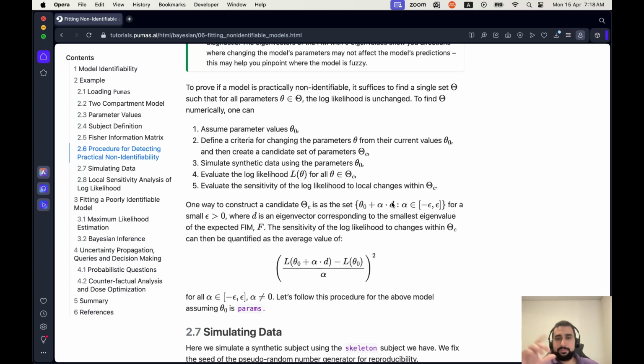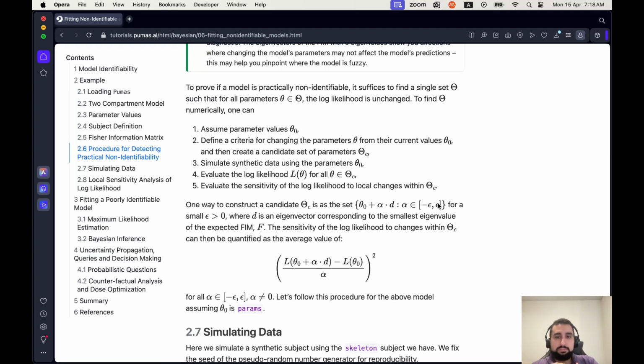And D is another vector whose length is equal to the number of parameters in your model. Alpha is just a scalar going from minus epsilon to plus epsilon for some small step size epsilon. So I'm going to define a window from minus epsilon to plus epsilon, and then I'll pick a whole bunch of alpha values in this window, and then move theta 0 along the direction D by a step size alpha for different alpha values.